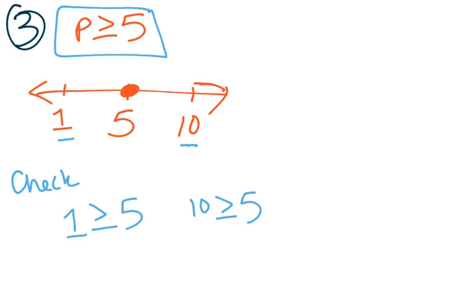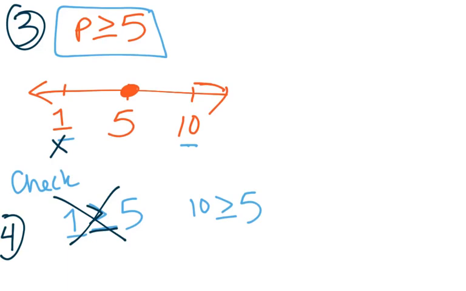But step 4 is for me to check if these actually work. So, is 1 greater than or equal to 5? No, 1 is smaller than 5, which is less than 5, not greater than. This one does not work. Is 10 greater than or equal to 5?